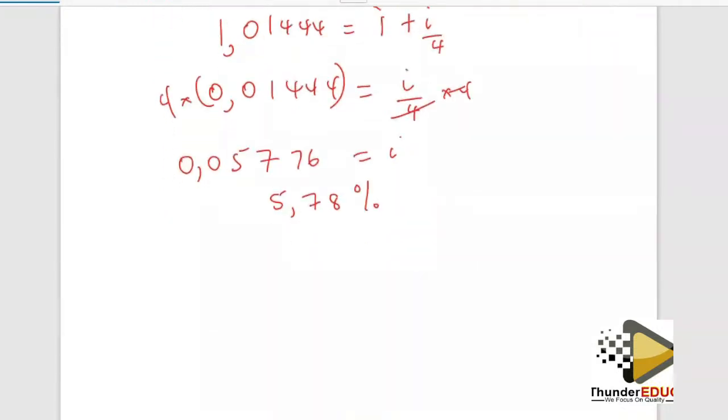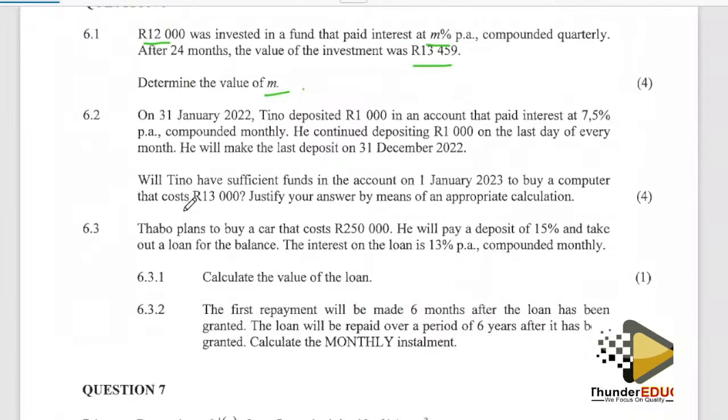All right, so now 6.2. They're telling us that on the 31st of January 2022, this person deposited 1,000 to an account that paid interest per annum compounded monthly. We continue depositing the 1,000 on the last day of every month.